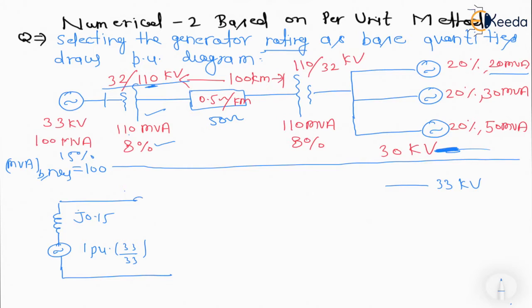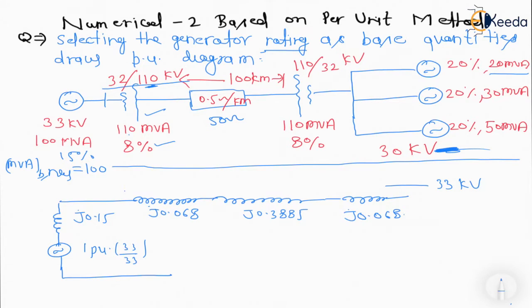Then transformer number 1, impedance was J 0.068. Then the transmission line reactance is J 0.3885. Then again transformer number 2, J 0.068 per unit.